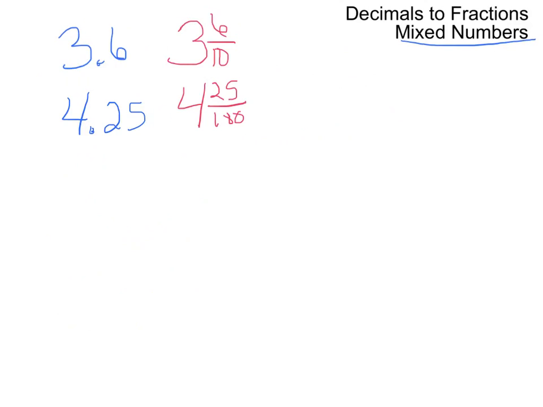Perhaps we would have a number 2 and 16 thousandths. We've got that 0 right there. To write that as a mixed number, we would write a big number 2, and 16 over 1,000.